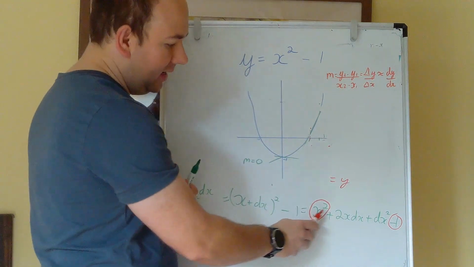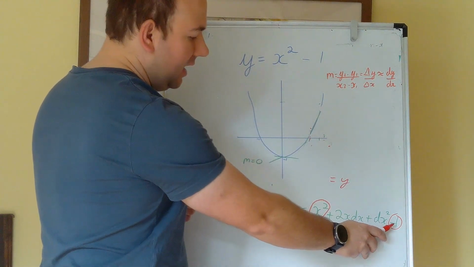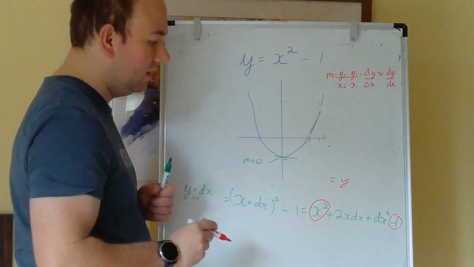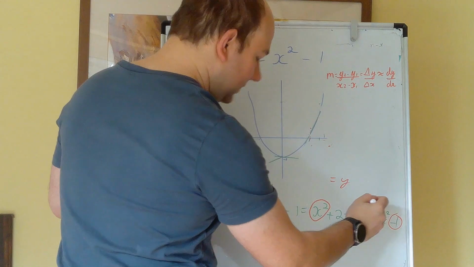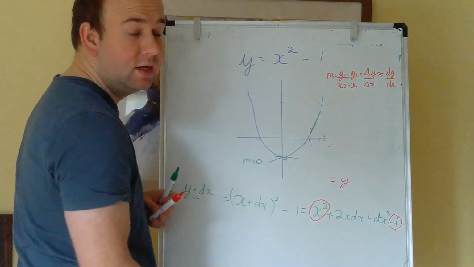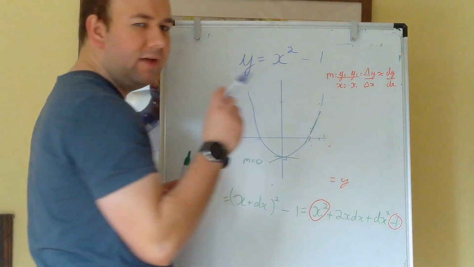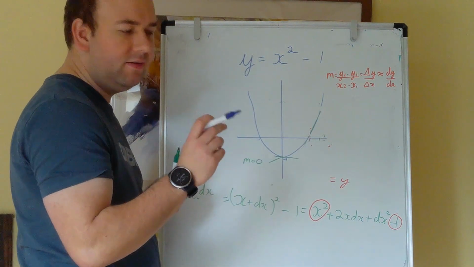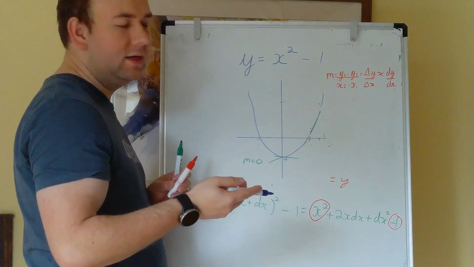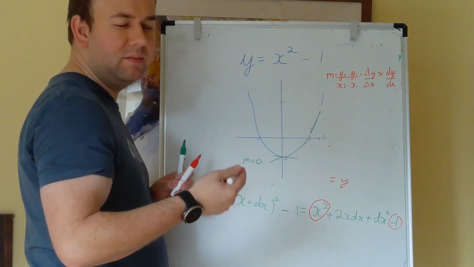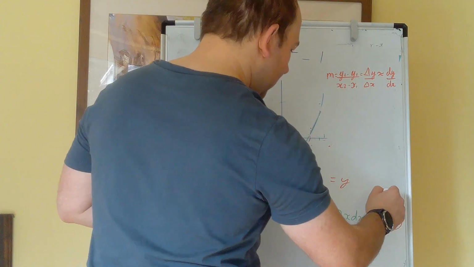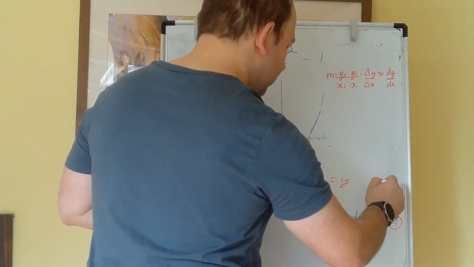So we've got x squared minus 1 is equal to y. We've got that written above. Can you also see that this, I'll do this in blue, this dx squared, if the dx is very, very small, this dx squared is going to become even smaller. It's going to be basically insignificant. So this is roughly equal to 0.